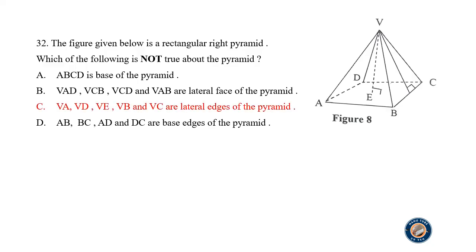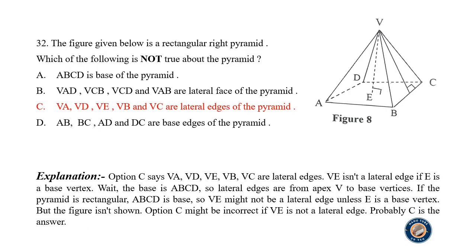The answer will be VA, VD, VE, VB and VC are lateral edges of the pyramid. Option C says VA, VD, VE, VB and VC are lateral edges. VE isn't a lateral edge if E is not a base vertex. The base is ABCD, so lateral edges are from apex V to base vertices.